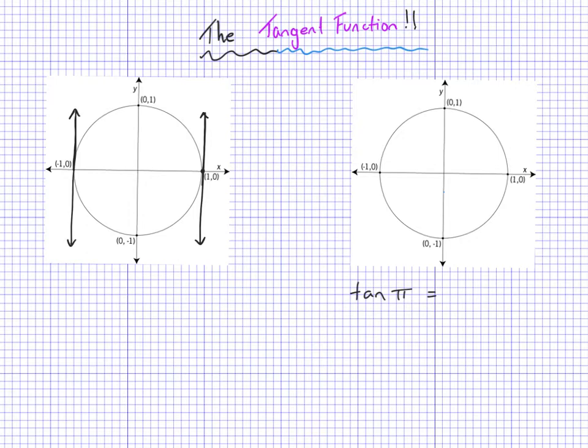Now, if we go back to our point on the edge of the circle, and we have a radius drawn from the origin to that point there, we know that that vertical height is sine, and that horizontal distance is cosine of whatever that angle is, and we'll call that theta.